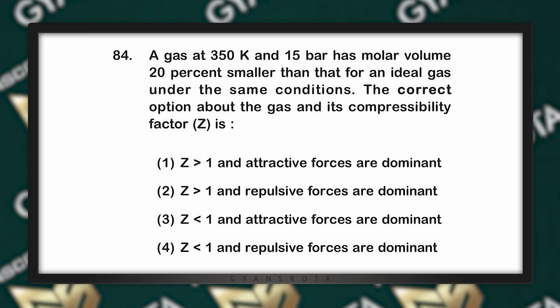So, question number 84 is on the screen. A gas at 350 Kelvin and 15 bar has molar volume 20% smaller than that for an ideal gas under the same conditions. The correct assertions about the gas and its compressibility factor Z is.